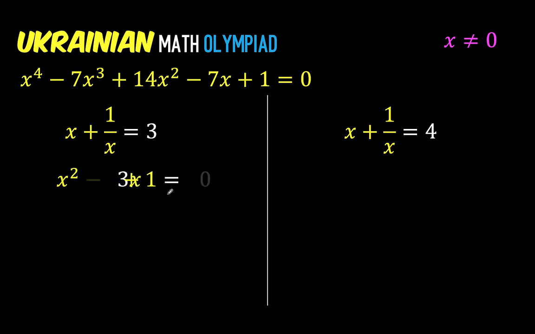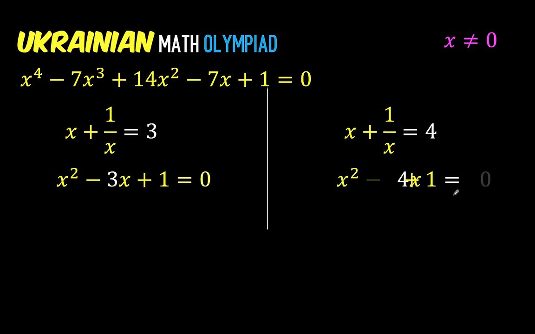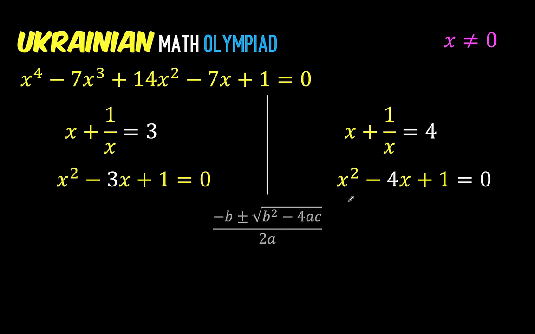Then let's write this in the standard quadratic form. Similarly, at the right side, we multiply each of the terms by x to get x squared plus 1 equals 4x. Let's rearrange the terms so that we can have the standard quadratic form. These two equations are not factorable, so we are going to use the quadratic formula. Here, our a is 1, our b is negative 3, and our c is 1.